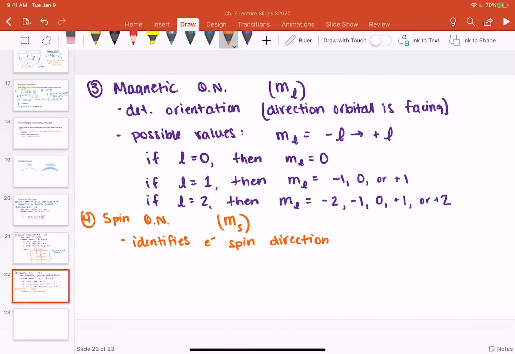And there are two options here, because we know that an orbital can hold 2 electrons at a time, so there are 2 options for the possible spins: spin up or spin down.